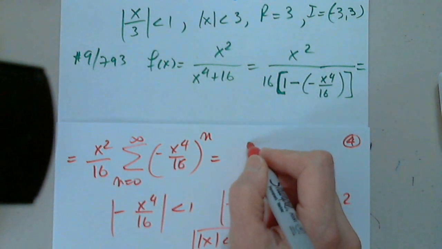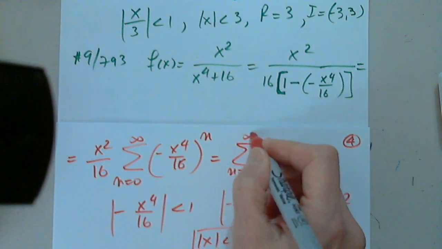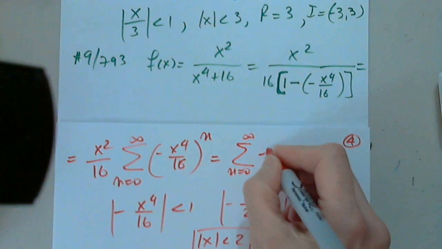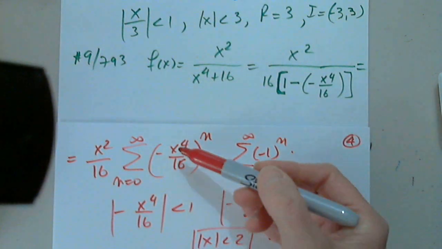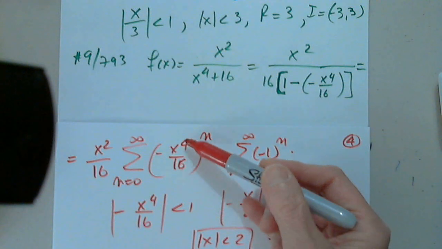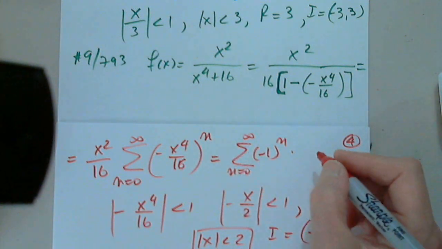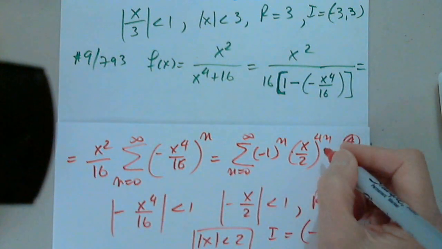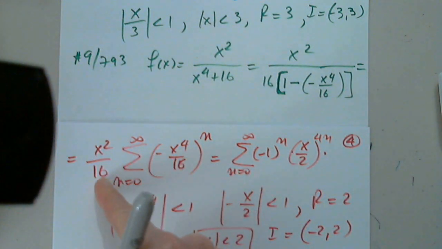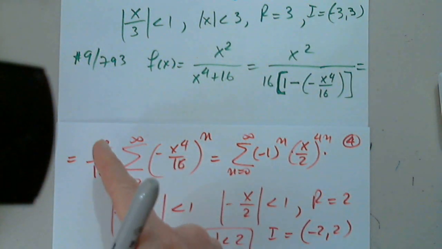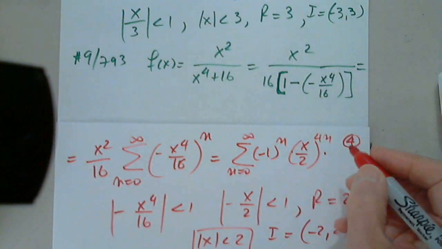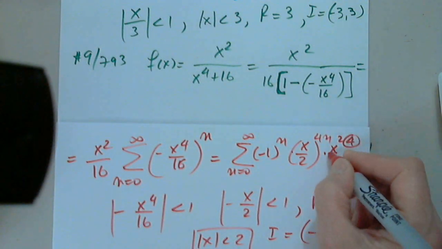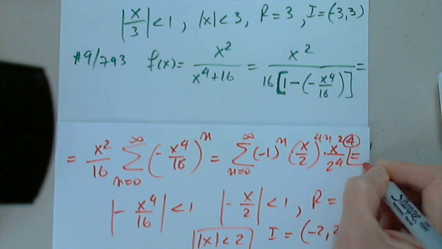We have the sum from n equals 0 to infinity. We have -1 to the nth power, and this is x over 2 to 4n, so x over 2 to 4n, multiplied by x squared over 2 to the 4th.